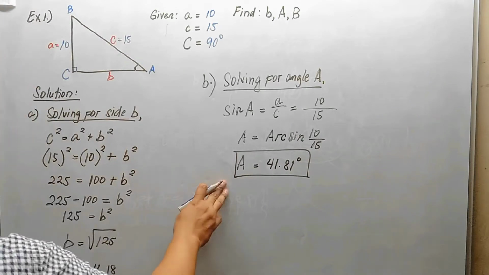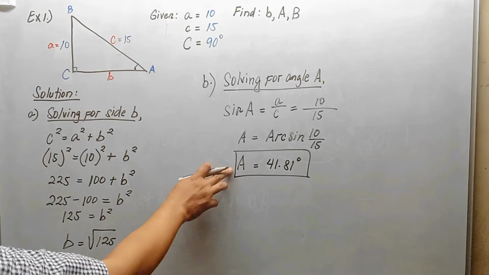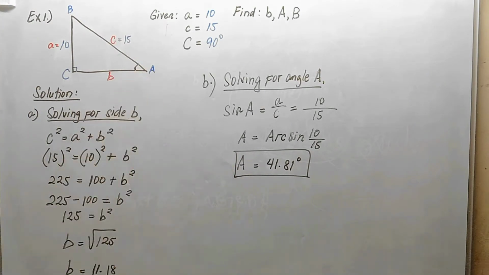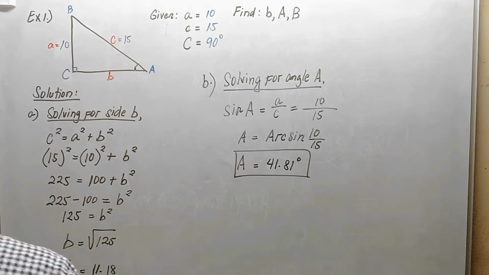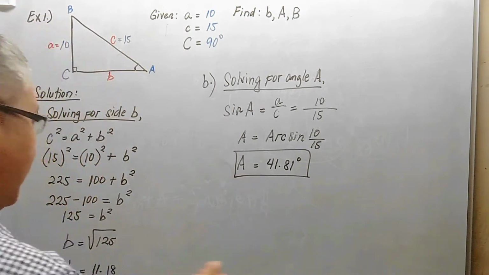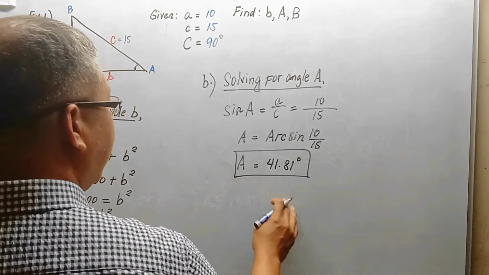So this is the angle value for A. So now we can solve directly for the angle B. Since this is a right triangle, then we can use the complementary angle.